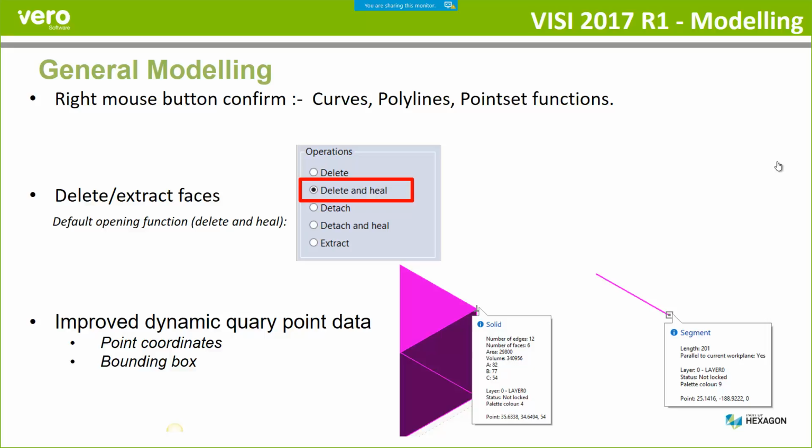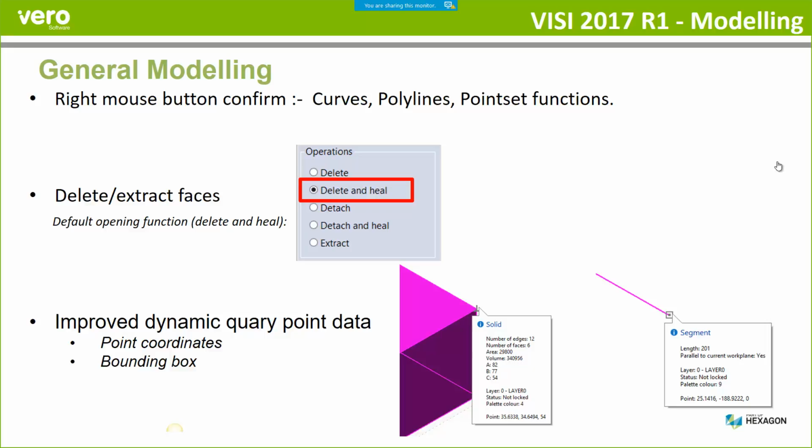Okay, so general modelling changes. You're now able to use the right mouse button to confirm curves, polylines, pretty much any modelling function. Now, I think this is probably one of the biggest things, especially for me as a user. I tend to right mouse click all the dialog boxes, and I don't use the tick box that's on the screen.